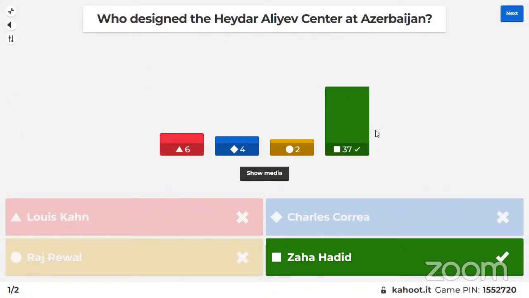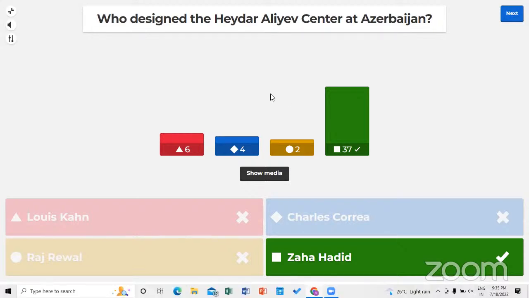After each question finishes, there will be a scorecard in which they show how many of you have answered correctly or how many chose the different options. Here the right answer was Shahadid, and you can see 37 of you answered it correctly. This is how it shows. Let's move on to the next question.